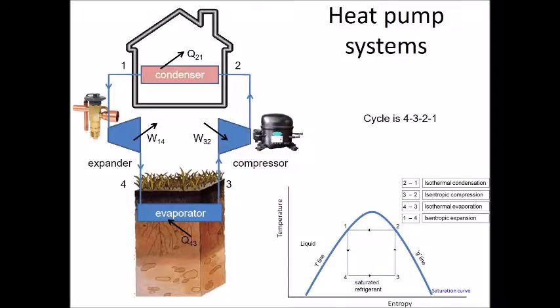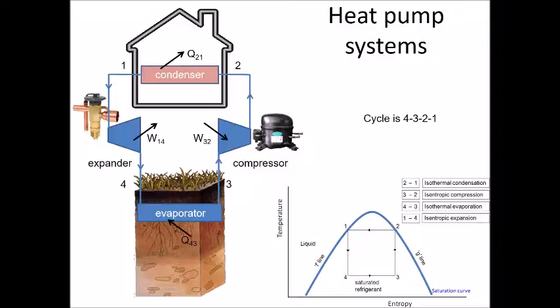So the condenser is, I guess, the central heating system in the house. There will be radiators in the house, or there will be more coils in the house, or some form of thermal energy release going inside the thing that I want to heat. So the condenser is the high temperature reservoir. The heat is being pumped from the low temperature reservoir, the evaporator, into the high temperature reservoir, the condenser.